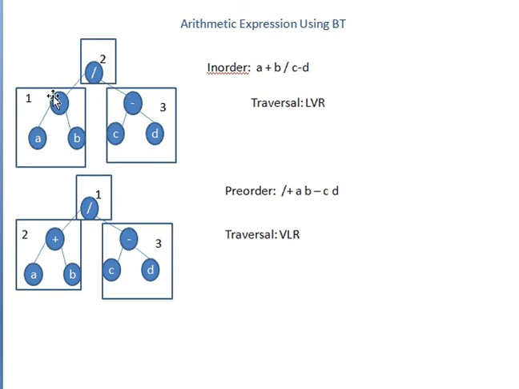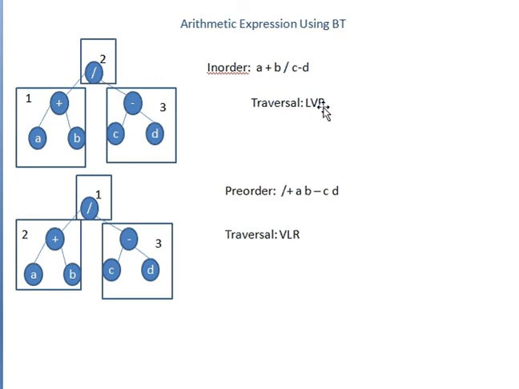So 1, 2, 3 is the priority given. What you have to do is scan the left subtree first. In the left subtree, again recursively you have to scan. So in this left subtree, again find the left subtree of this tree. The left subtree of this tree is A. So that is the first element which gets outputted. So you write A first.